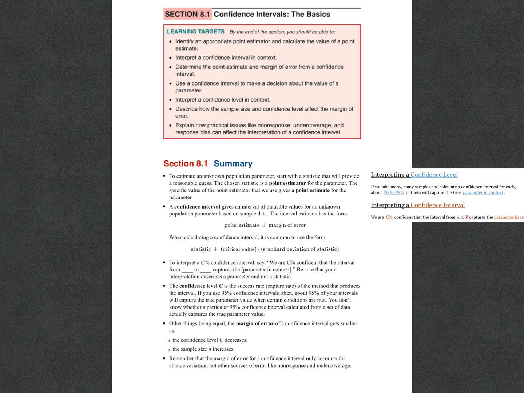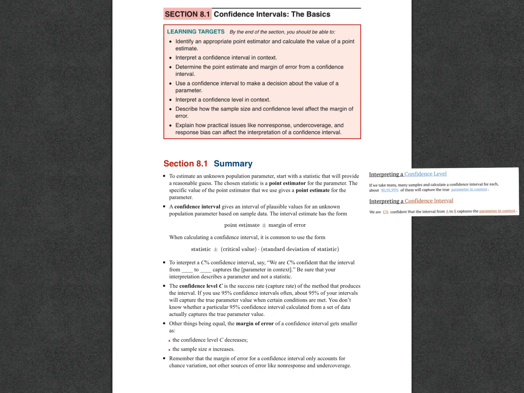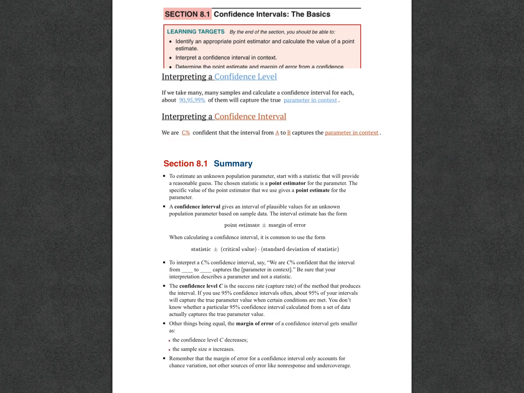Okay, and then I gave these, so these are the interpretations you'll use. I'll put these up here.